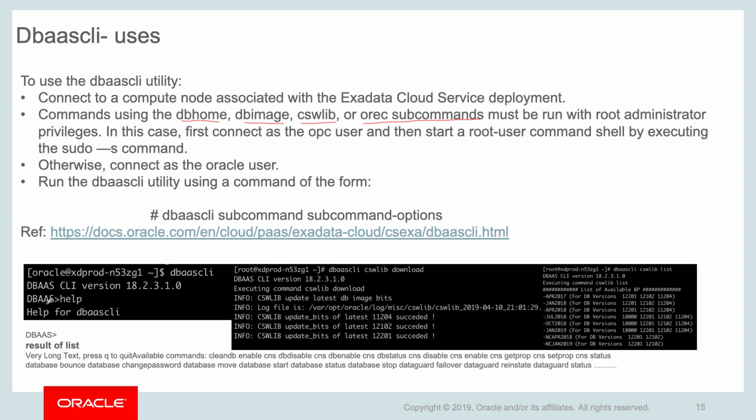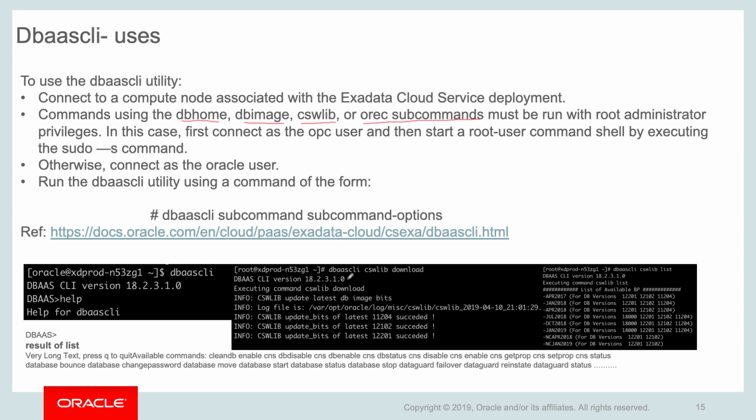Just type help and it will show you the list of operations it supports. It's a very long list. A few of these are clean DB, enable or disable, DBA status, Data Guard related operations, database move, change password, and bounce the database. This list is going to be long, so I've kept just a few of them here.